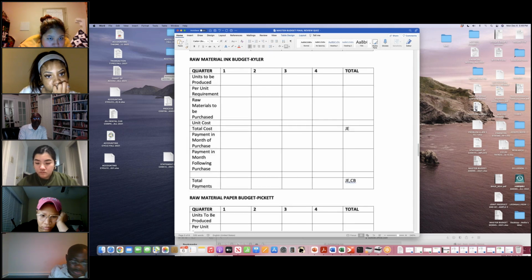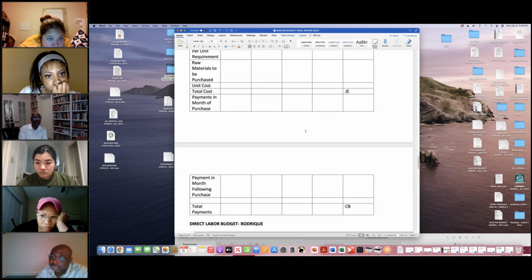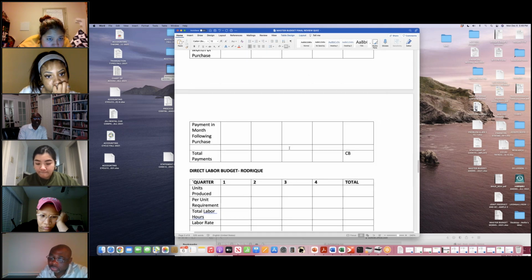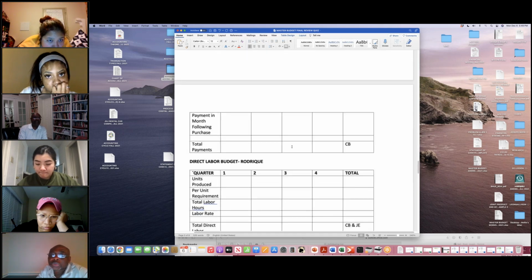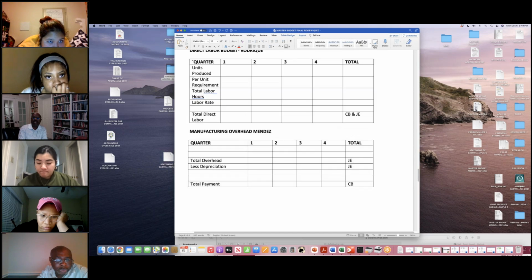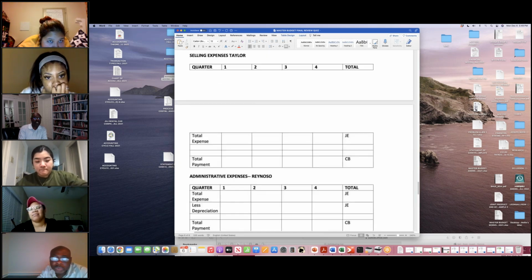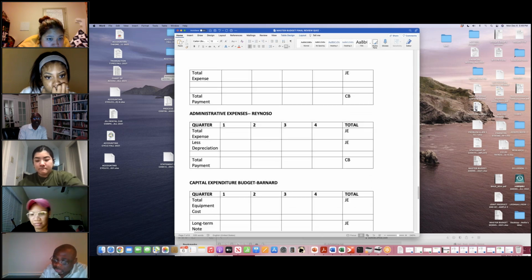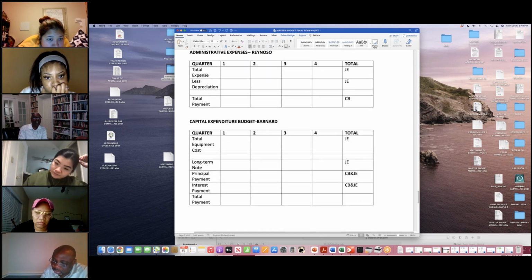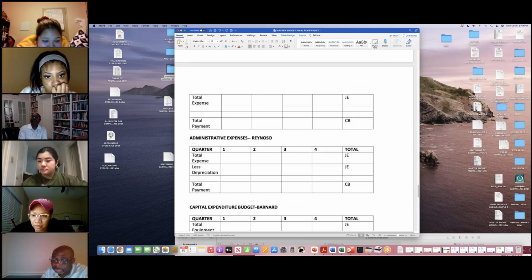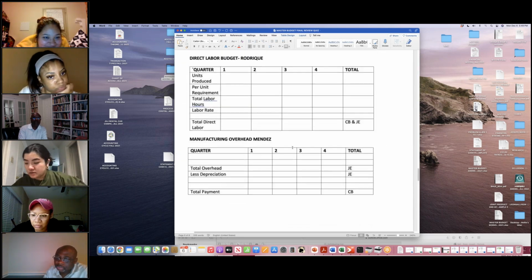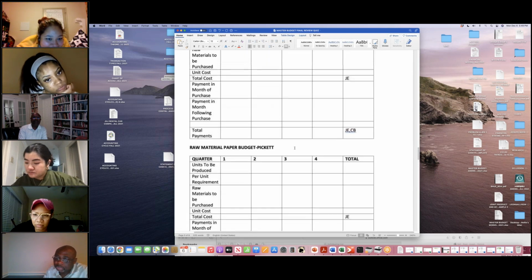Pickett, raw materials, paper. Rodriguez, labor. Mendez, overhead. Taylor, selling expenses. Reynoso, administrative expenses. And Bernard, the capital expenditure budget. So does everyone have their assignment?